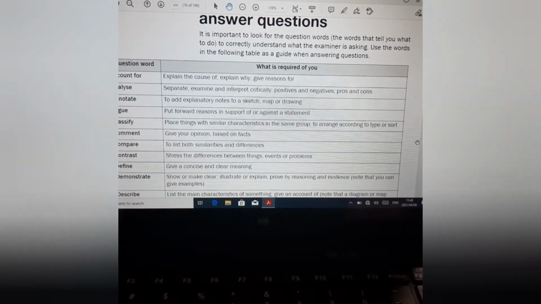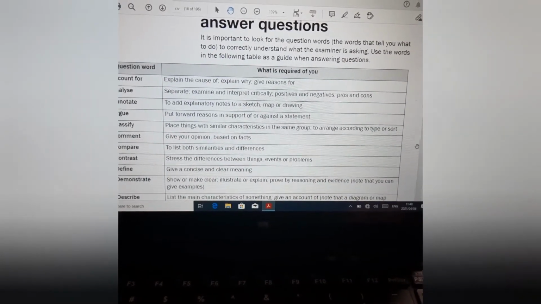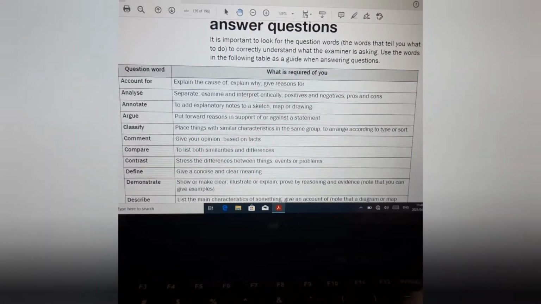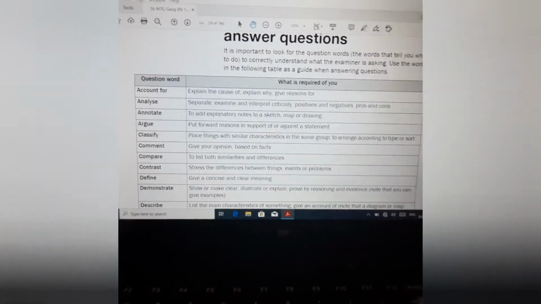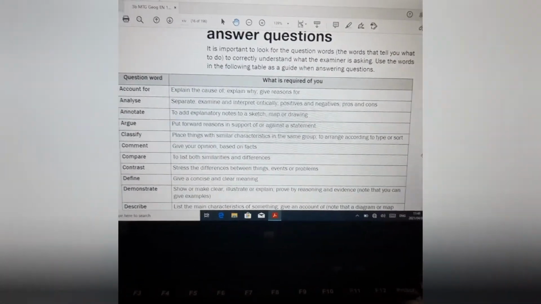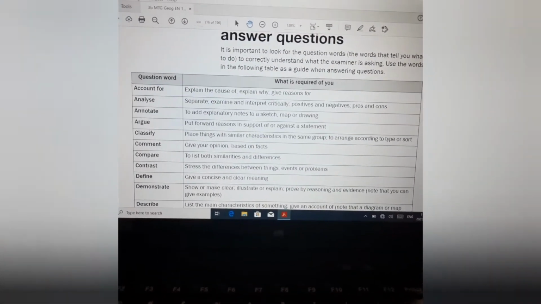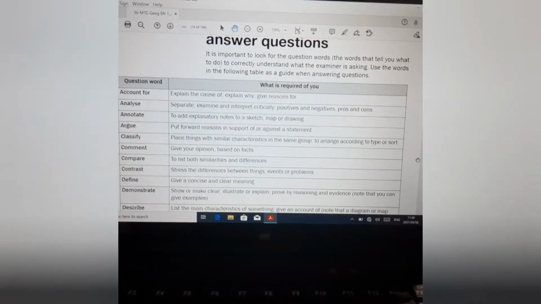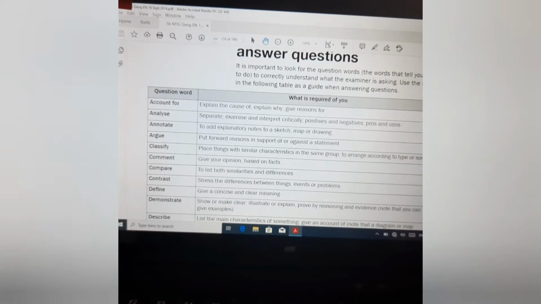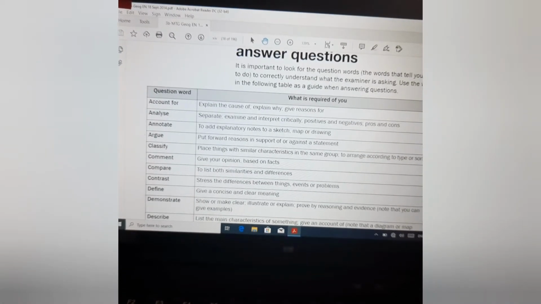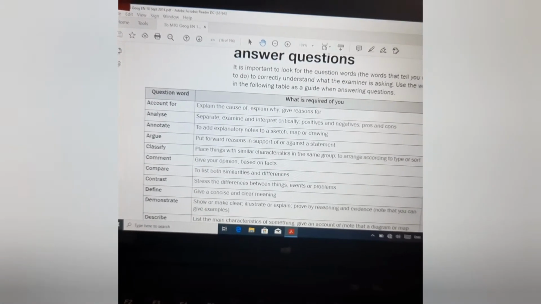Demonstrate, you show or make clear, you illustrate or explain, prove by reasoning and evidence. Note that you can give examples. You can also draw to demonstrate, if you can tell the difference or explain or illustrate more with a drawing of what you're being asked for. But make sure that if you put a drawing, you're also able to put the wording for a person to understand.